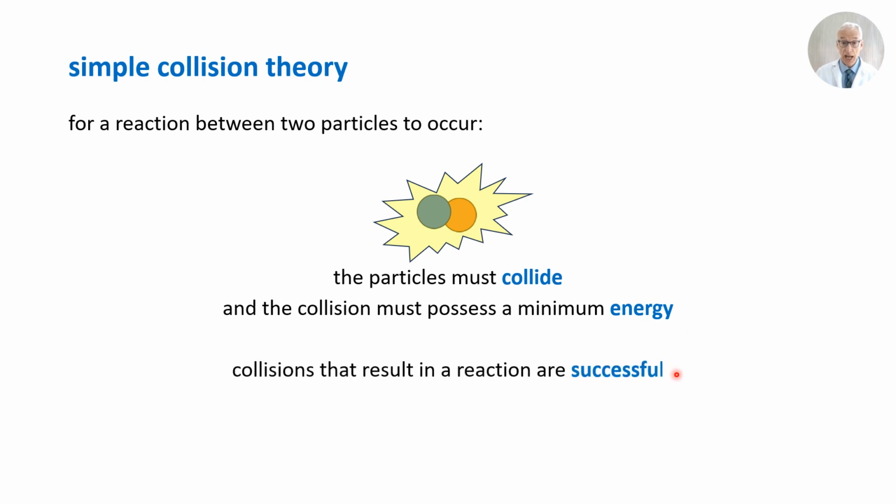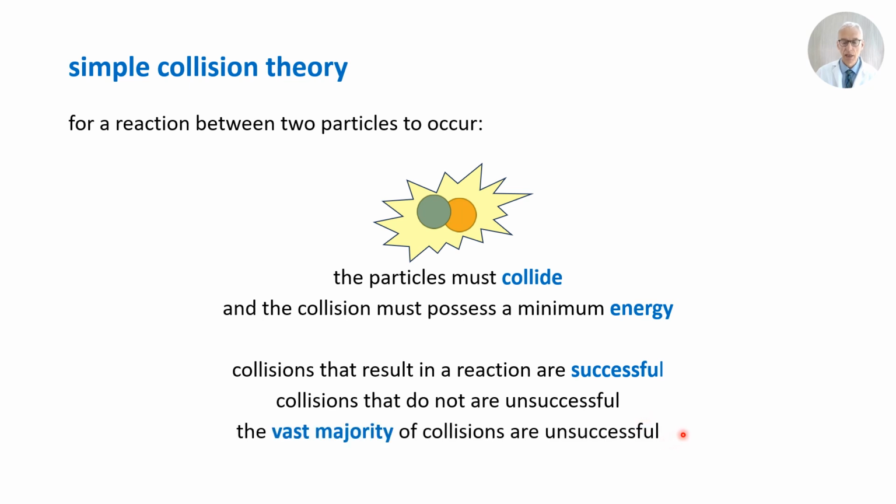Collisions that have that minimum energy and result in a reaction are termed successful. Collisions that do not result in a reaction are unsuccessful. An important point is that the vast majority of collisions are unsuccessful.